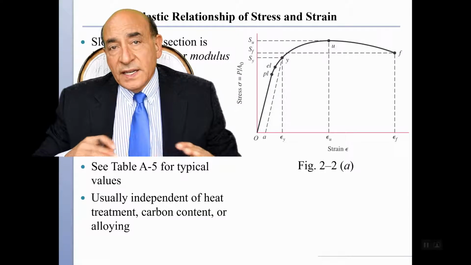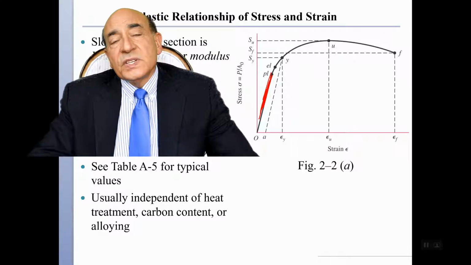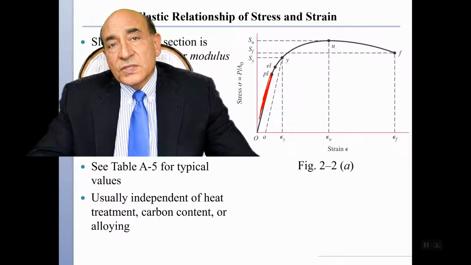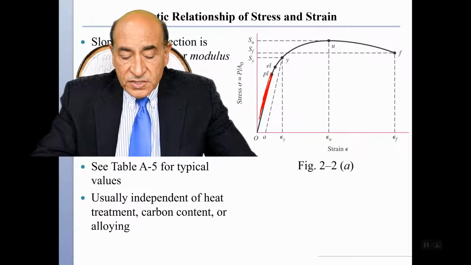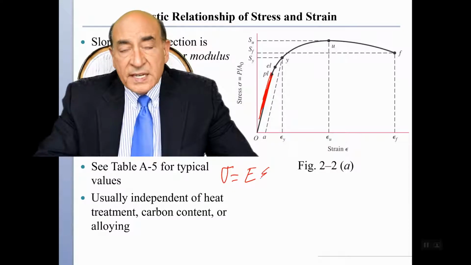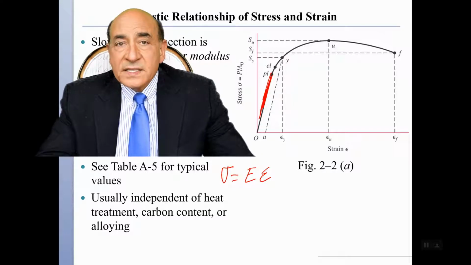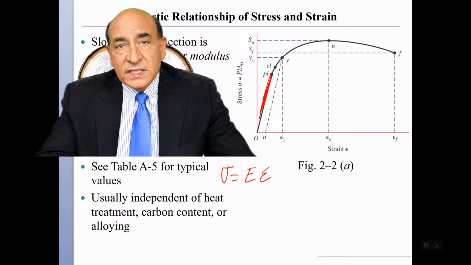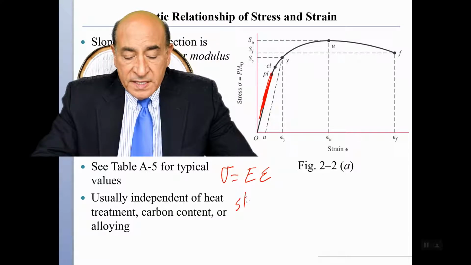Continuing on, the initial linear part of the relationship between the stress and strain is called the elastic range, obviously. And for uniaxial tension, we have the stress is equal to one constant times the strain. And this constant is called sometimes an elastic constant, sometimes it's called Young's modulus. And for example, for steel, this Young's modulus is 207 GPa.